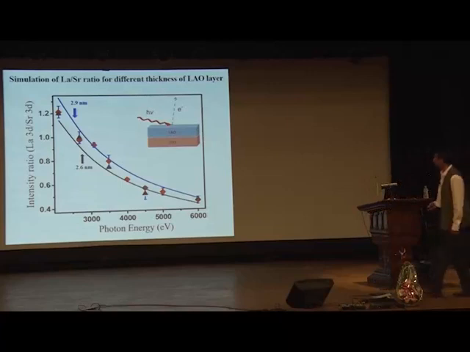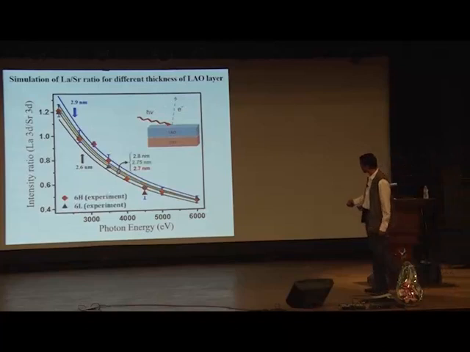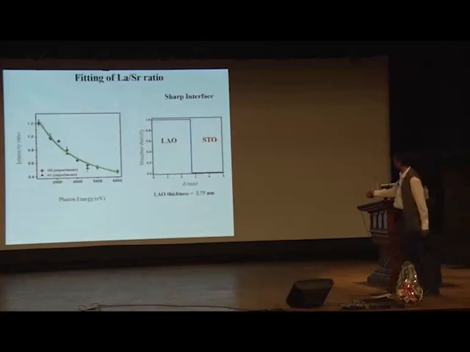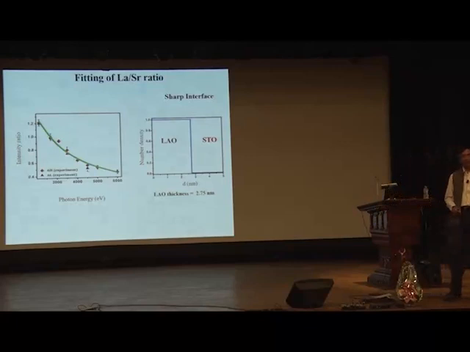Of course, as a professional practitioner, I believe the error bar is even smaller, and it can be tied down to 2.75 plus or minus 0.05 nanometers. That tells you the sensitivity of this particular technique, and that tells me that I have a very sharp interface with hardly any intermixing. So lanthanum-strontium intermixing is not the cause of doping charge carriers into the system.